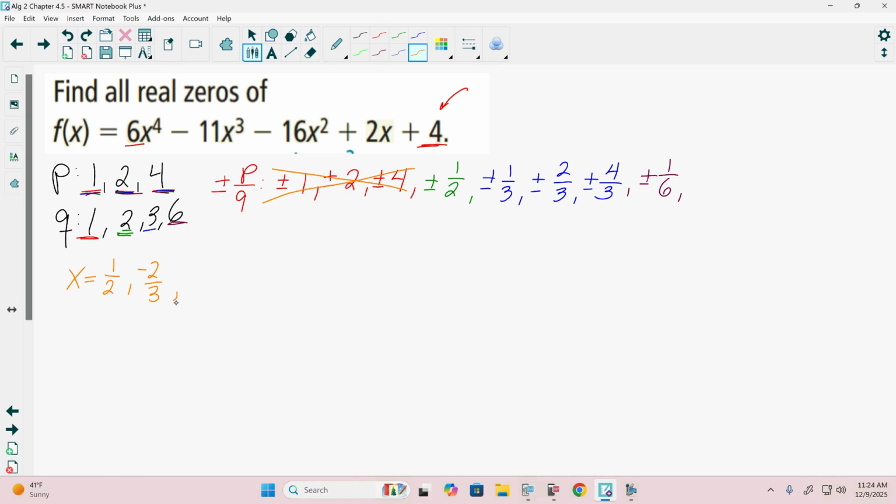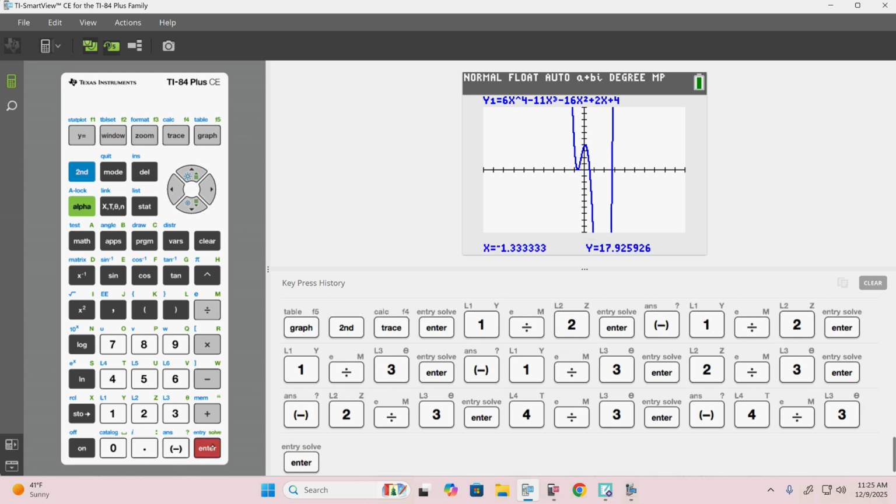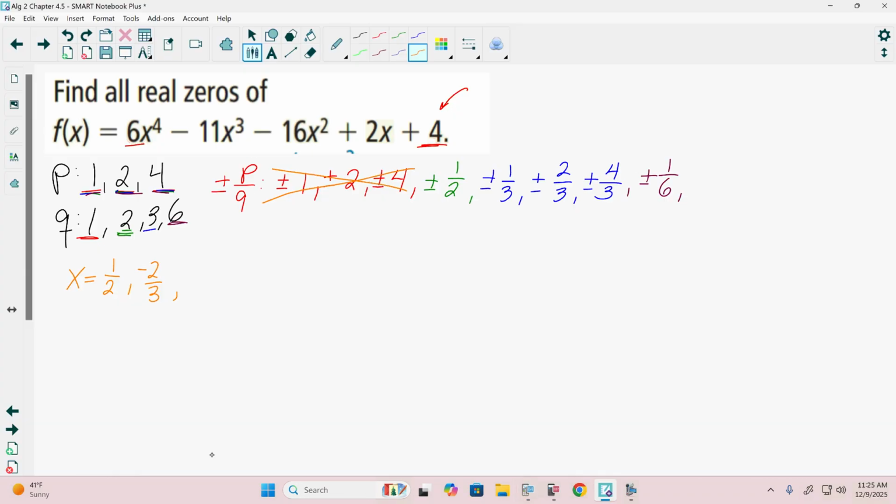Does indeed give me a y value of 0. Then we can move on to 4/3, negative 4/3, 1/6, and lastly, negative 1/6. So really we figured out the only two rational solutions that we have for this here is 1/2 and negative 2/3. Yes?